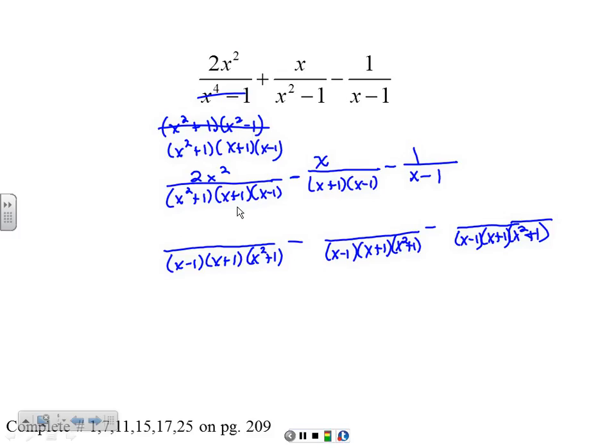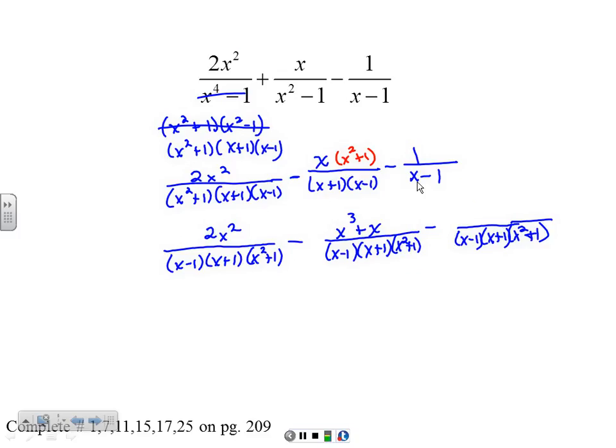So now we have to work on our numerators. There's nothing that changed in this first denominator from the old to the new, so the numerator's not going to change either. Here we multiplied this denominator by an x squared plus 1 in order to get the common denominator. So we're going to multiply here by x squared plus 1. And using the distributive property, we'll get x to the third plus x.